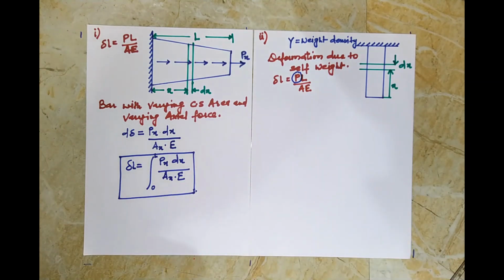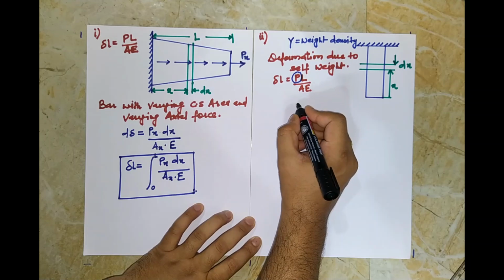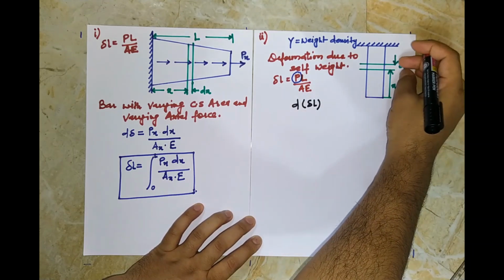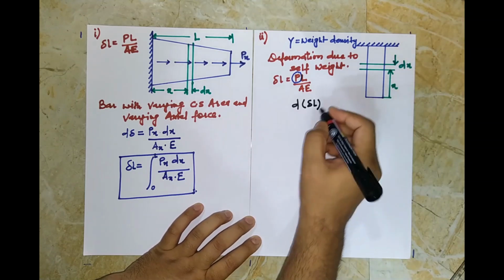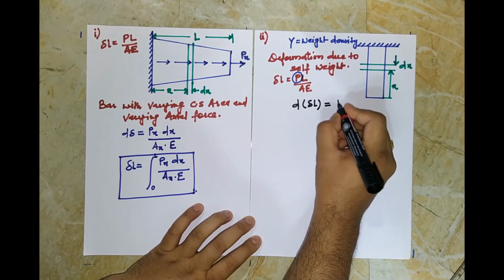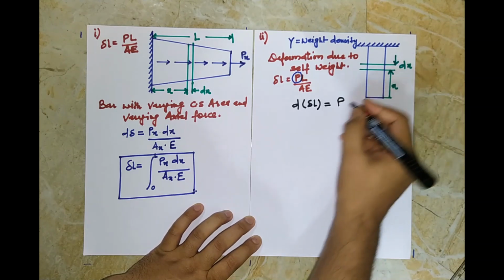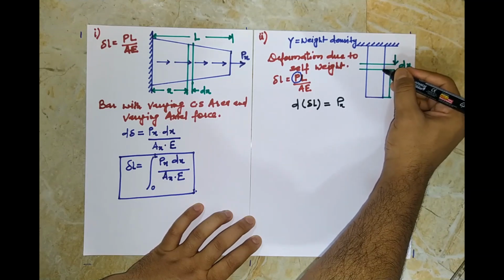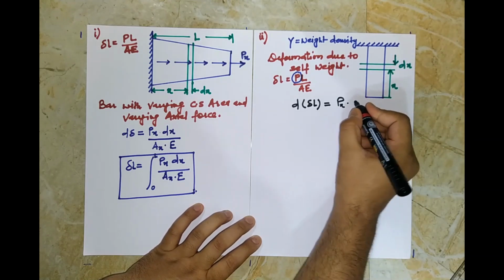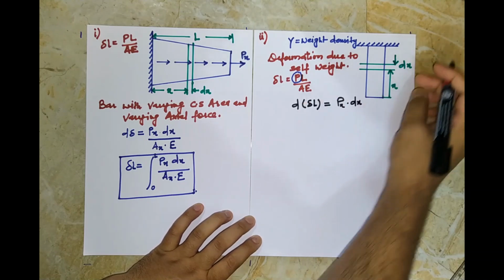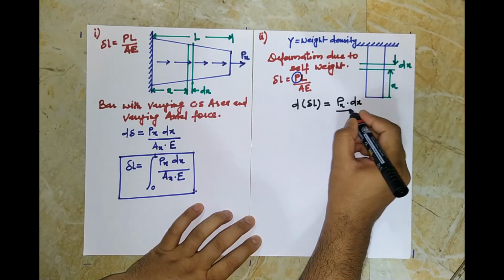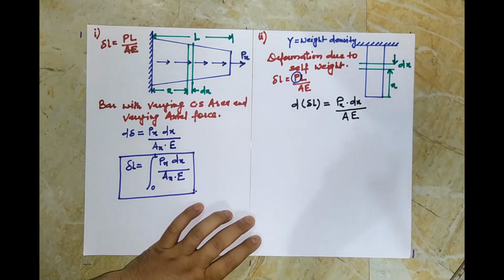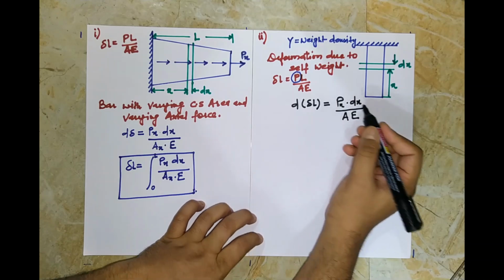That is d of del L, the elementary change in length in the small element dx, which is equal to the load, that is Px, the weight of the bar hanging below it, times the length of the element, dx, divided by A times E, where area of cross section and E remain constant.